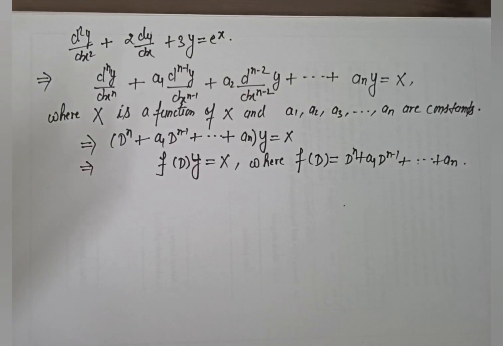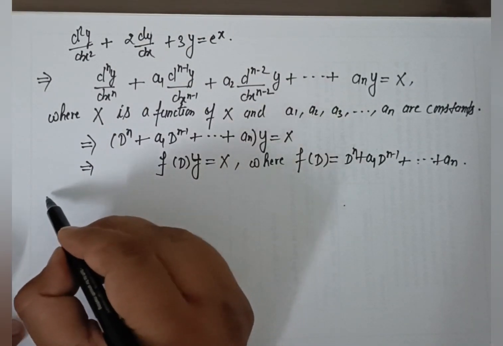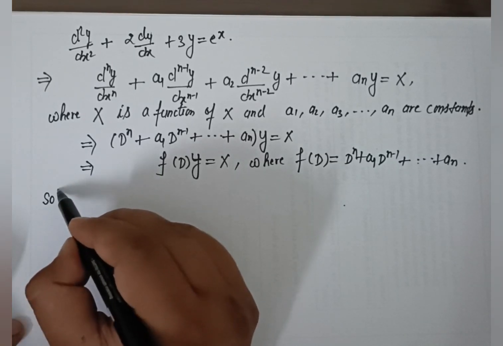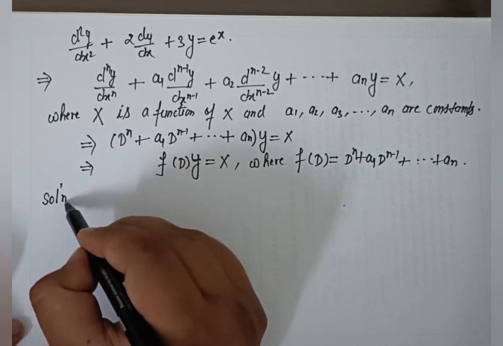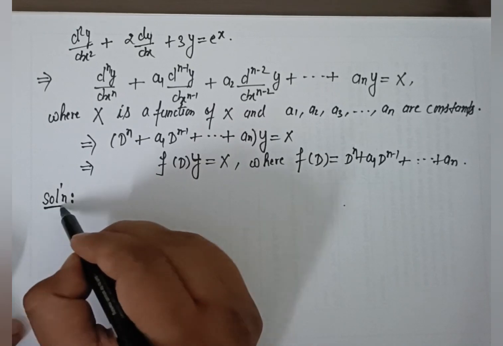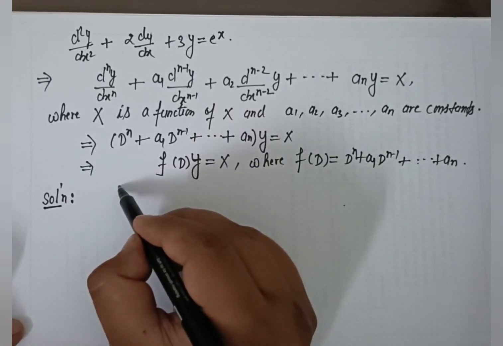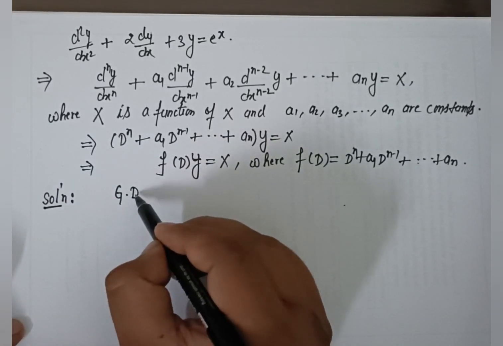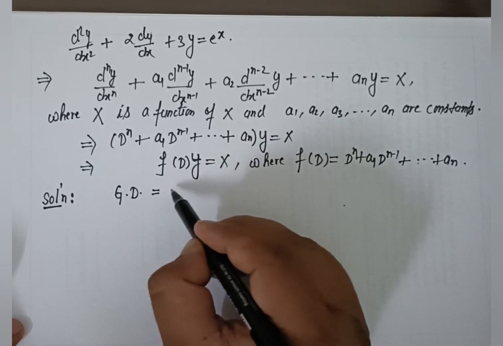Okay, one more thing, we talk about the solution of linear differential equations with constant coefficients. The general solution will be decided for such a type of differential equation in two parts.